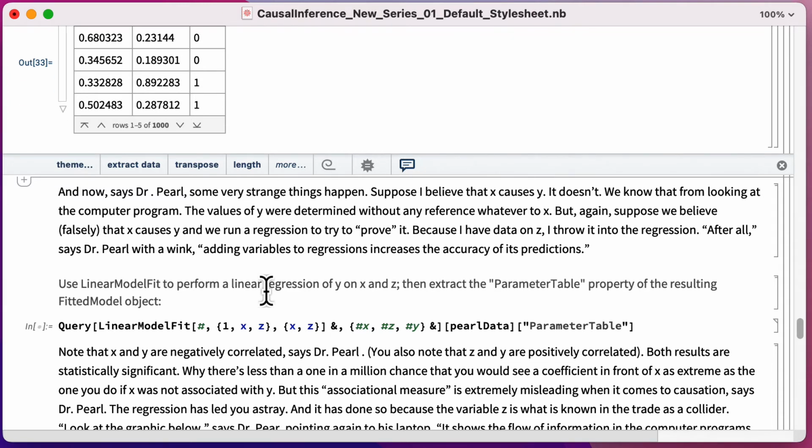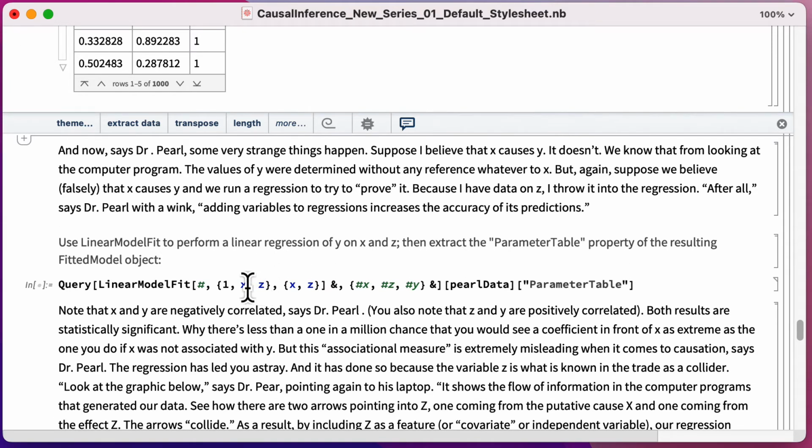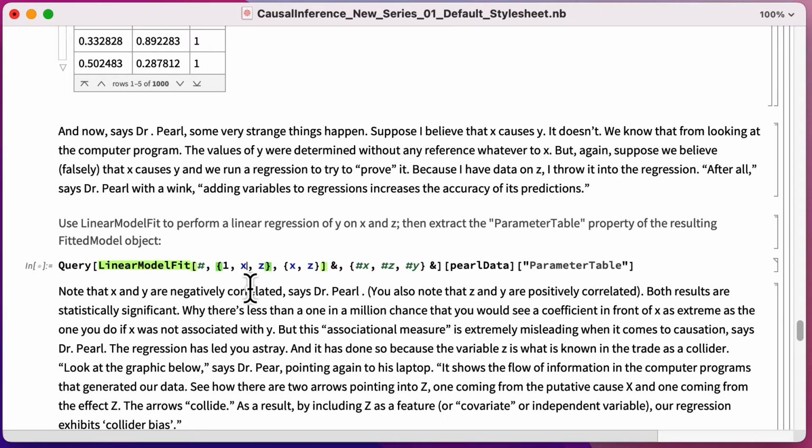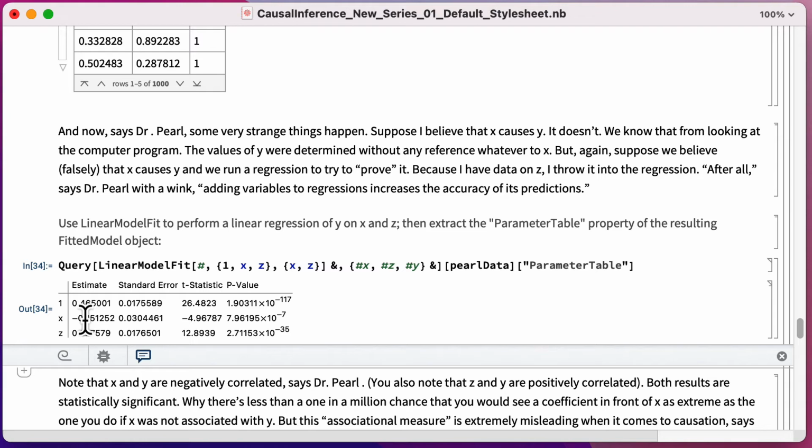Now, says Dr. Pearl, let's do a regression of x and z on y. We're going to try and predict y using x and z. And what do we find? We find that x is associated with y, and the p-value is tiny.